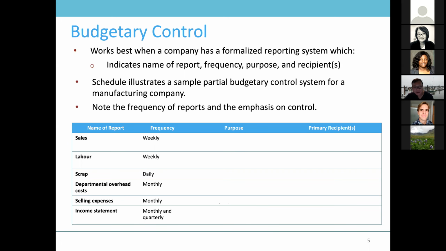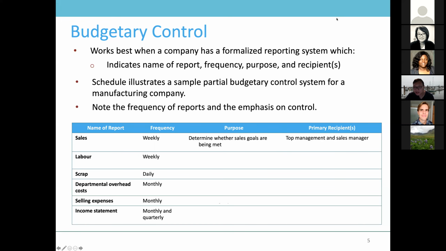Like for the sales report, it's weekly to make sure sales goals are being met, like Tosin said, and it would be your top management and sales managers, so anyone who oversees that sales area directly. Okay. So the purpose is to see if the sales goal target has been met. The primary recipient would be the top management and the sales manager.